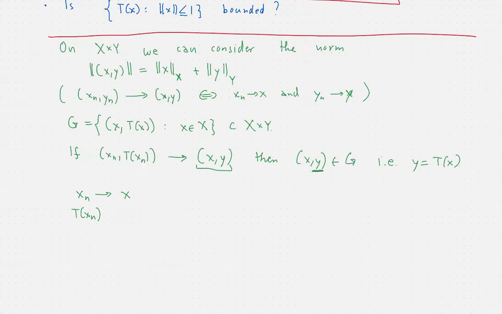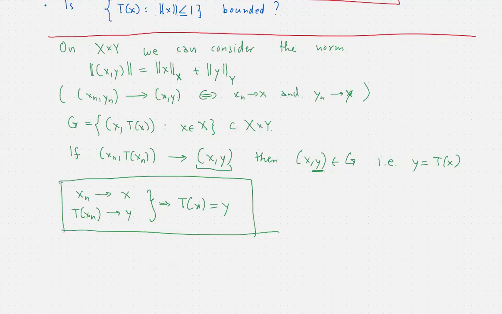If this condition holds, then the conditions of the closed graph theorem are true, which means that you have an extra tool. You're supposing that T of x_n converges to y.